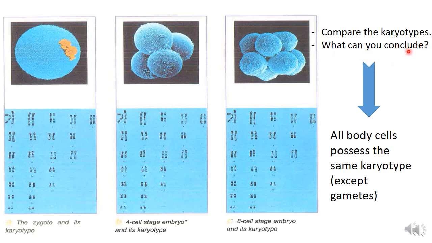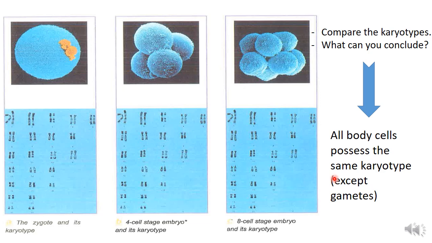What can you conclude? We conclude that all body cells possess the same karyotype. Of course, when I say all body cells, we don't mean the gametes or the sex cells.